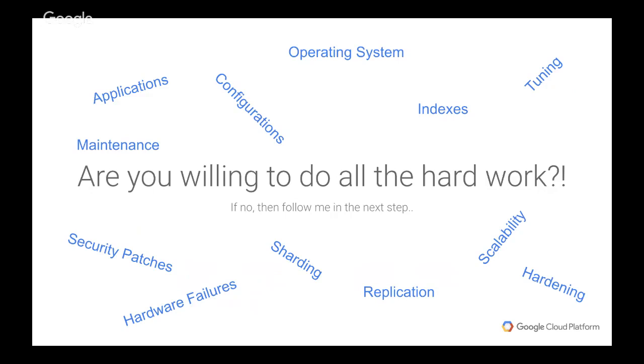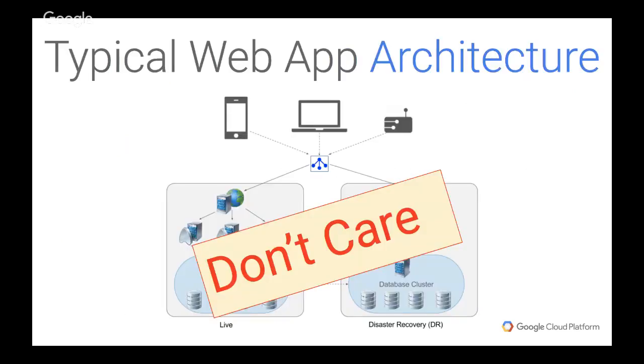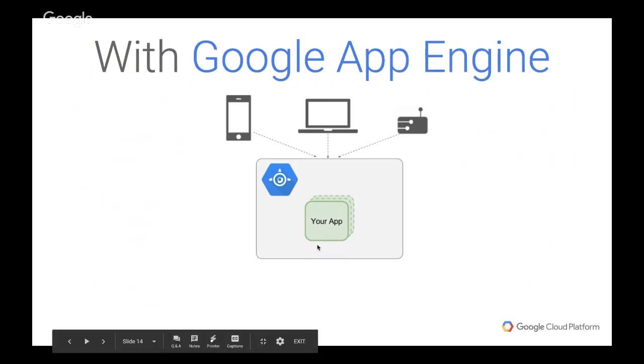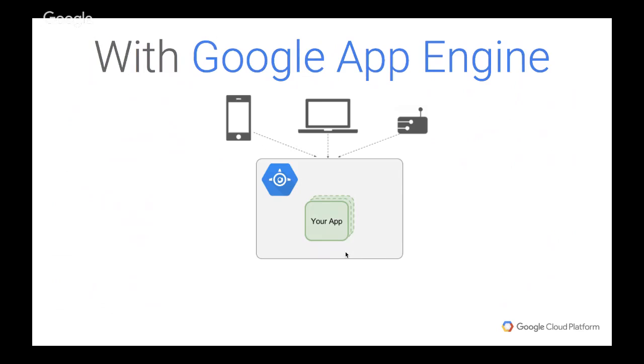Should we really care about fixing every single aspect of this technical stack? In fact, we don't have to. We can just use App Engine, and App Engine will take care of everything else, without us having to worry about it and build it ourselves.